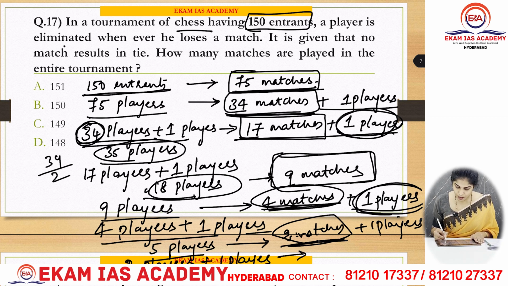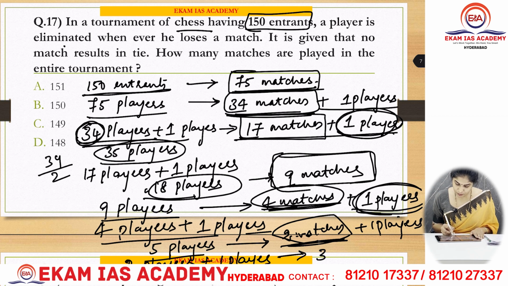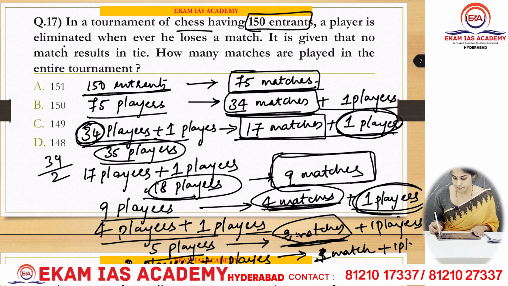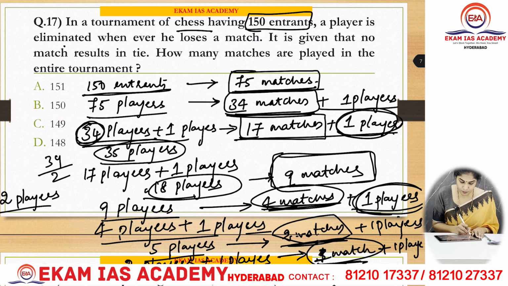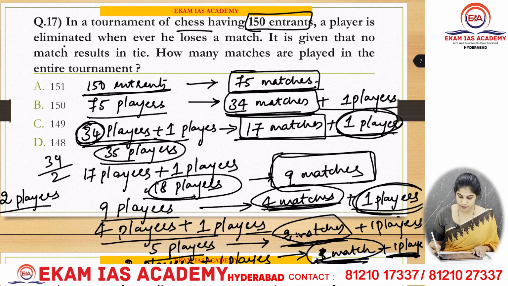In these 3 players, 1 match would be there plus 1 player, right? In this 1 match, 1 player would be eliminated. So total we get 2 players, 1 from this and 1 player this.